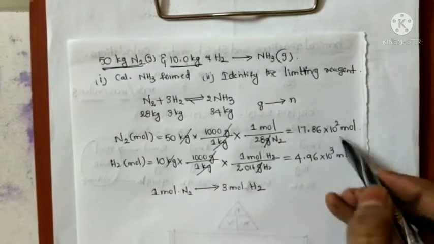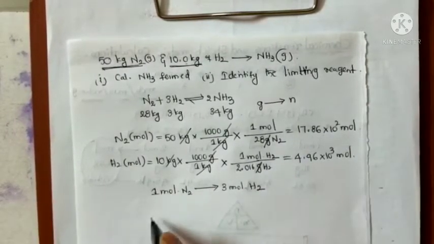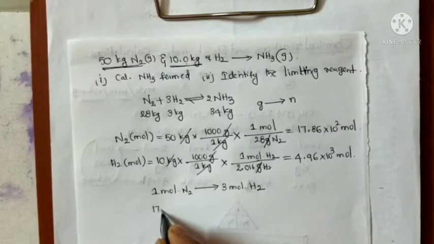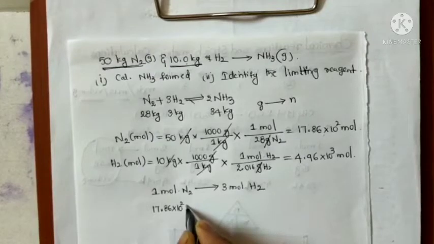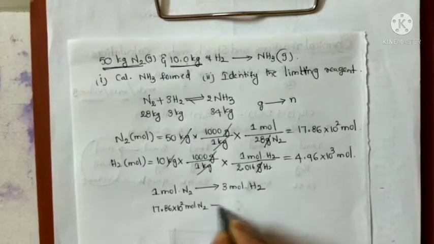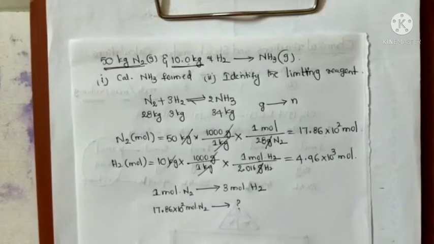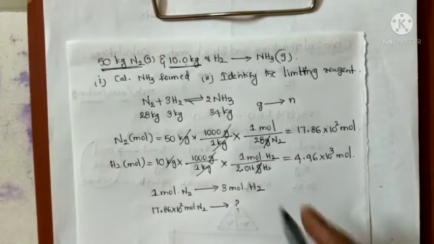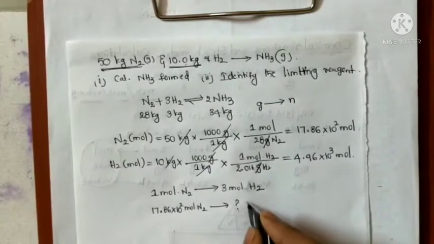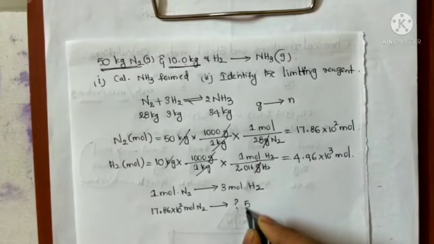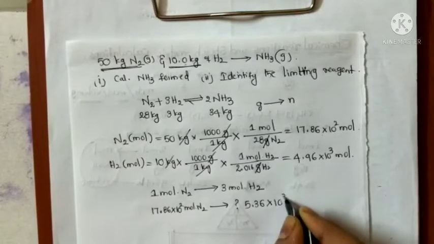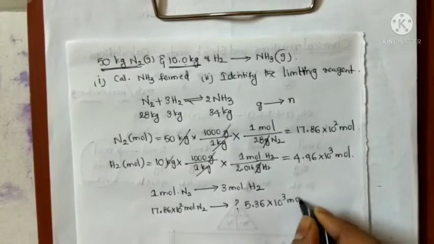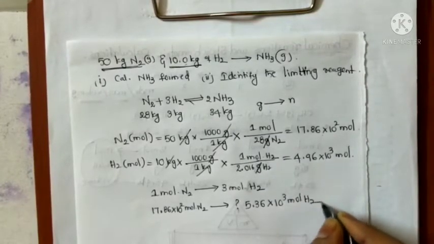Now how much is given? 17.86 into 10 to the power of 2 moles of nitrogen. How many moles of hydrogen are needed? Directly I will write the value: 5.36 into 10 to the power of 3 moles of hydrogen will be required.